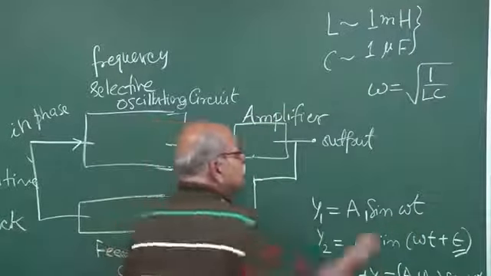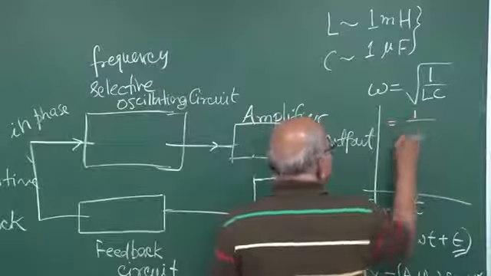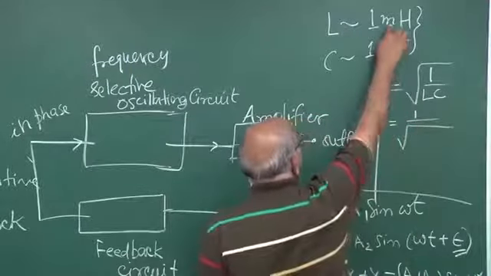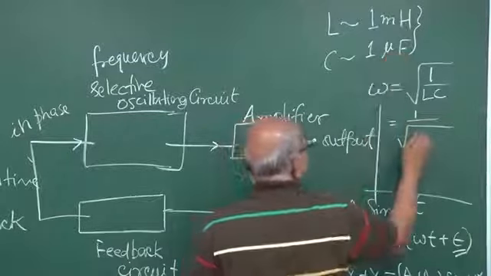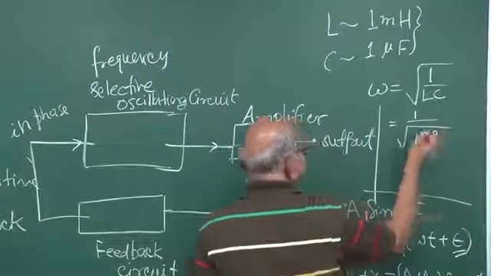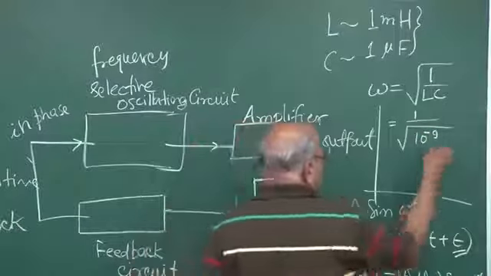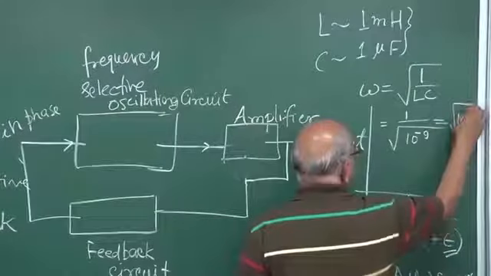So what will this be? This will be square root of 10 to the power minus 3 here and minus 6 here. So if you multiply, it's 10 to the power minus 9, or it is square root of 10 to the power 9.